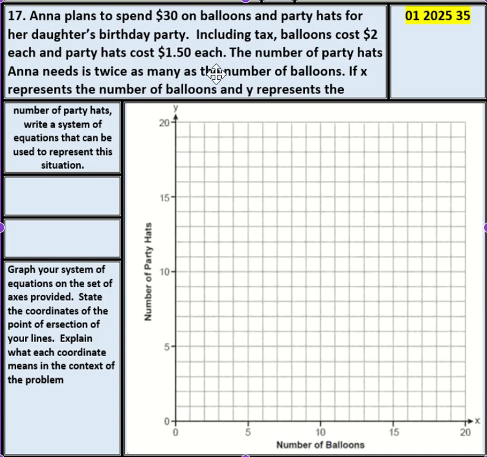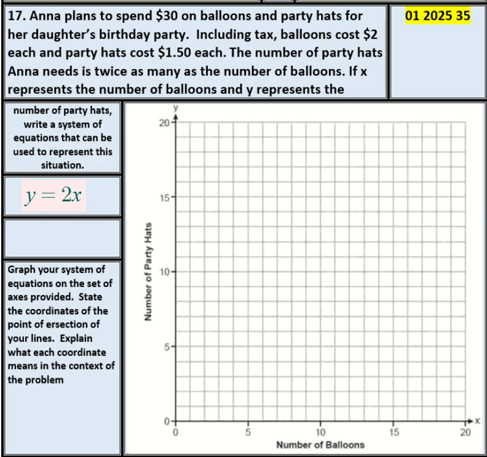So if I need 2 balloons, I need twice as many hats. So I need 4 hats, don't I? So the idea is to find out the number of hats, I multiply balloons by 2. So my equation for that is y equals 2x.